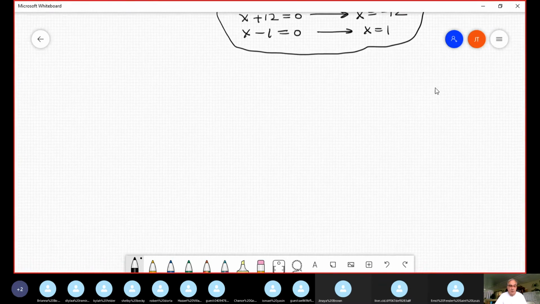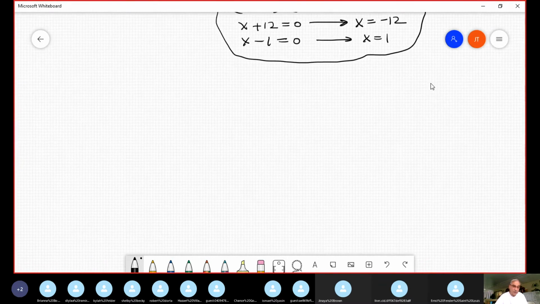Okay. Let me complicate it a little bit more. Suppose 5x squared minus 14x minus 3 equals 0. Propose me something. Suppose that you are a student in college algebra.